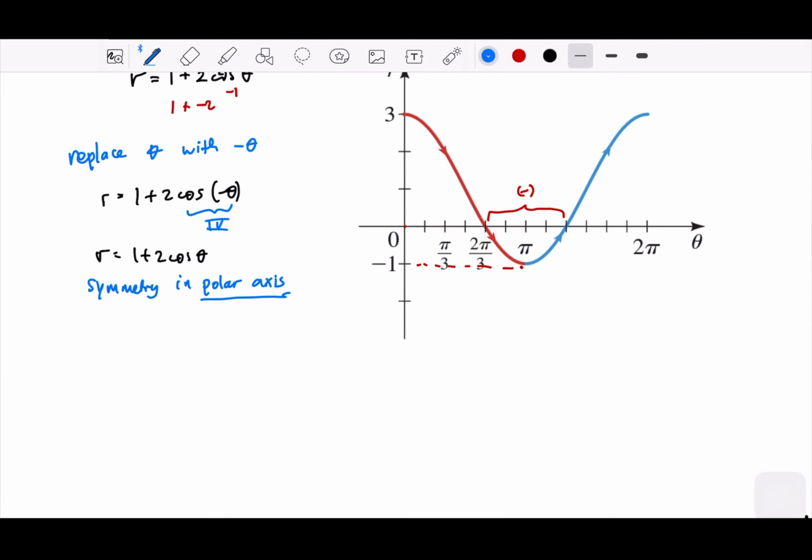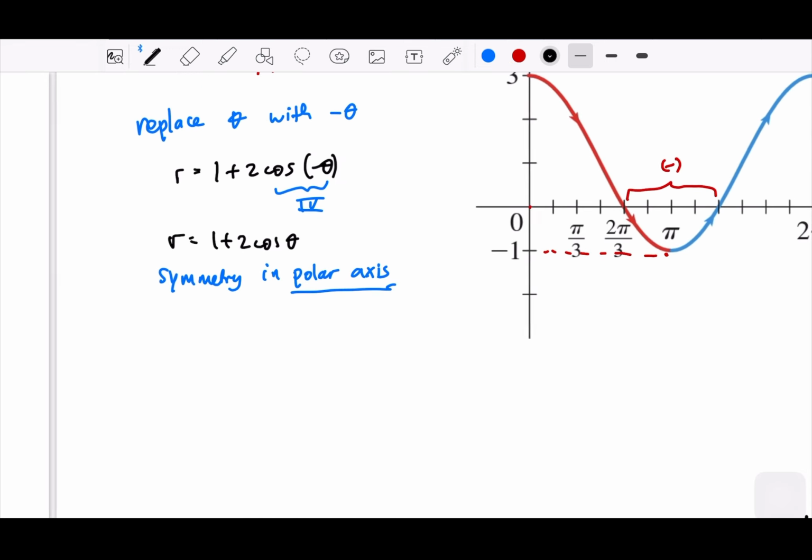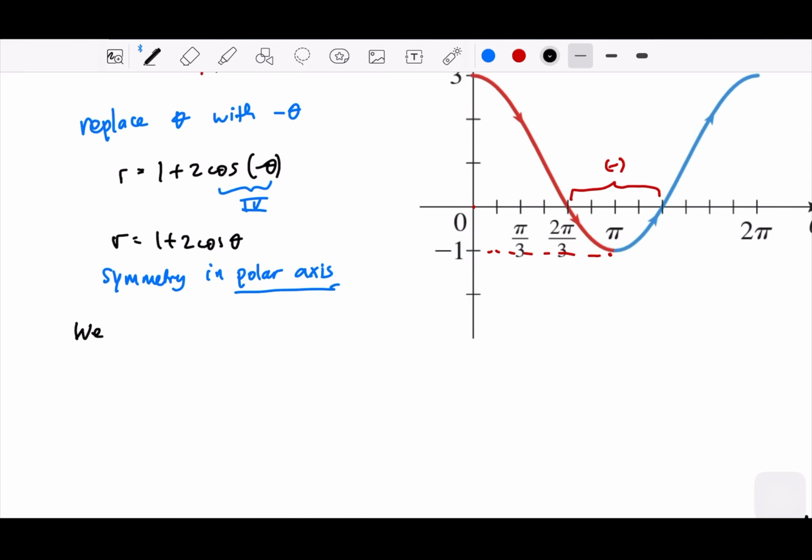Now if we take another step, let's find the zeros or the roots for r. So let's say r is 0, and we're going to find where theta will be.